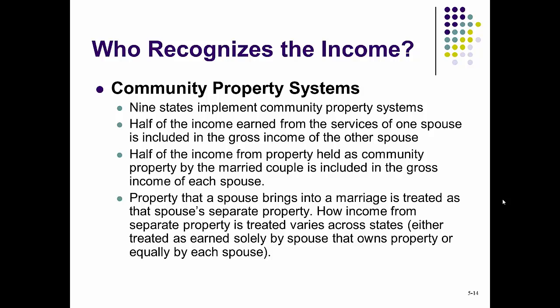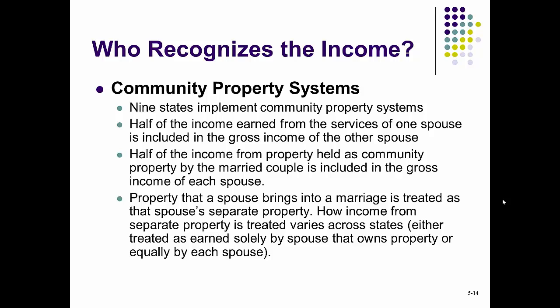So here we can look at some of these items. Impact on federal income tax consideration under different law systems. On one column, we can look at the community property system. Number one, half of the income earned from services of one spouse is included in the income of the other spouse. Number two, half of the income from property held as community property by a married couple is included in the gross income of each spouse.